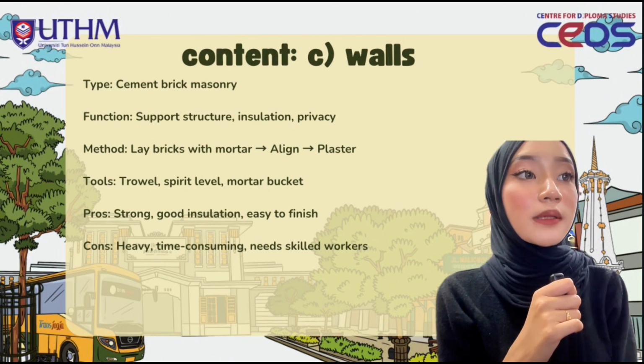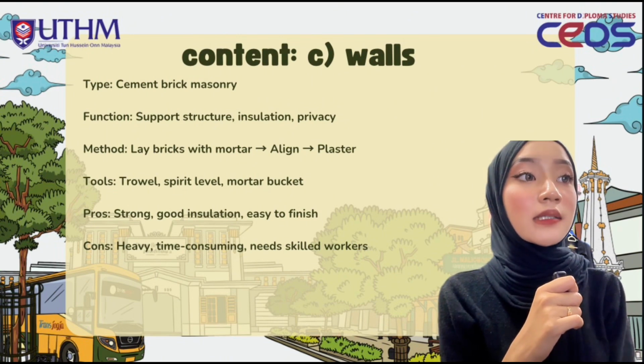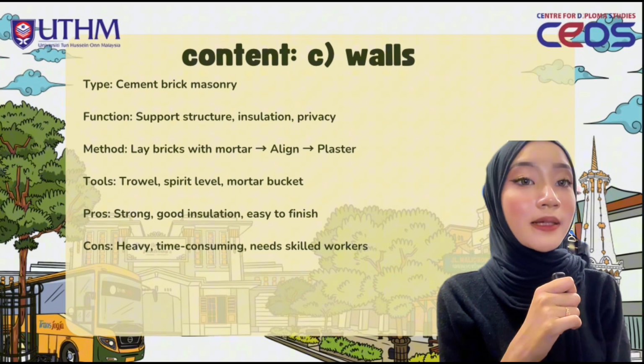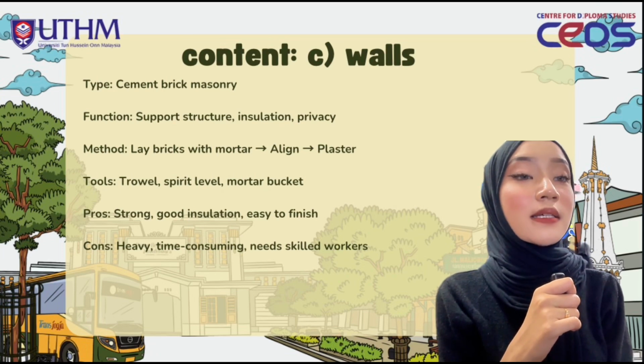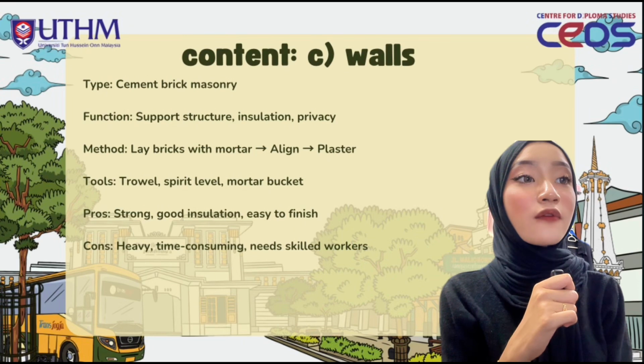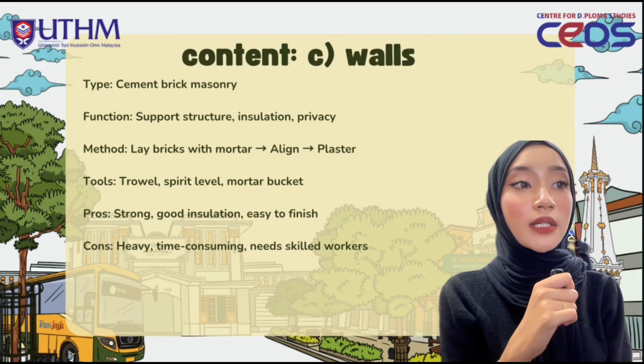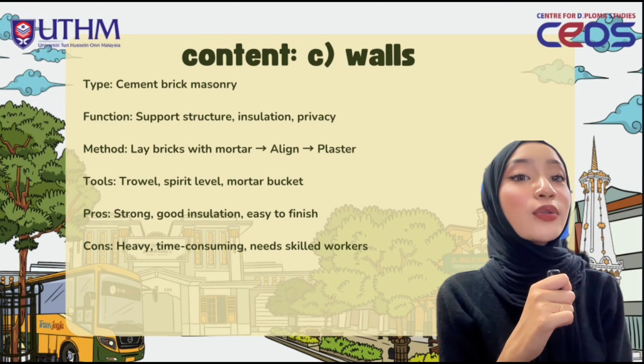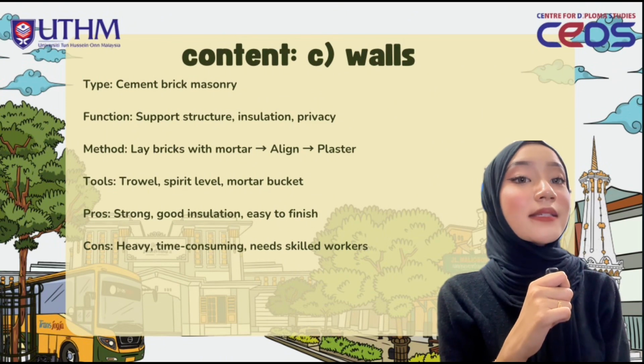We use cement brick masonry because it is strong, durable, and suitable for a single-story house. The function of the wall is to support the structure, give privacy, and protect from weather. For the construction, bricks are laid one by one with mortar, and we use tools like a trowel and spirit level to make sure everything is straight.